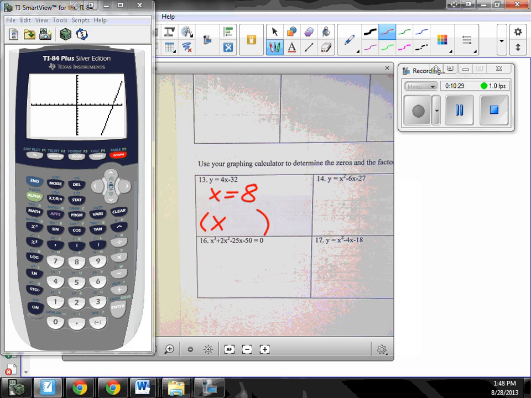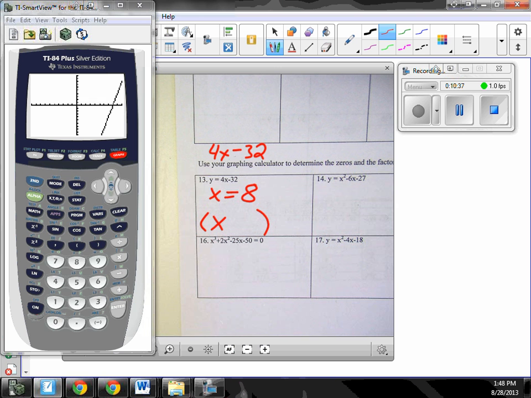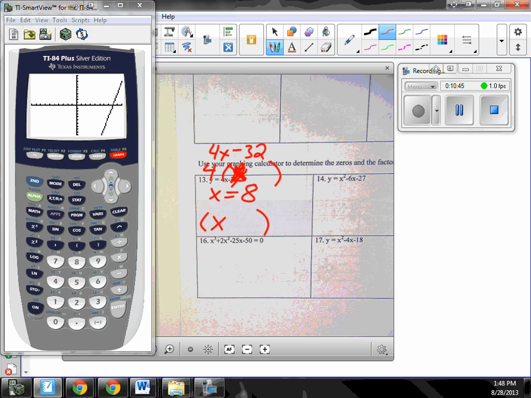So 4 times 8, so if I factor this 4x minus 32, what can I pull out? A 4, so we get 4 times x, sorry, minus 8. So this is the root, and this is the factor.